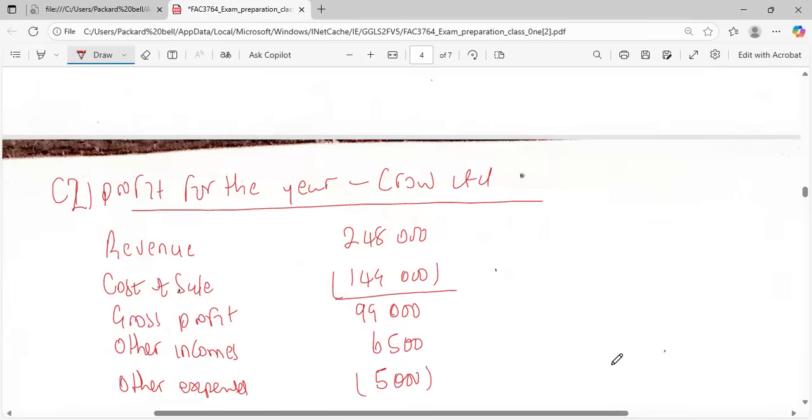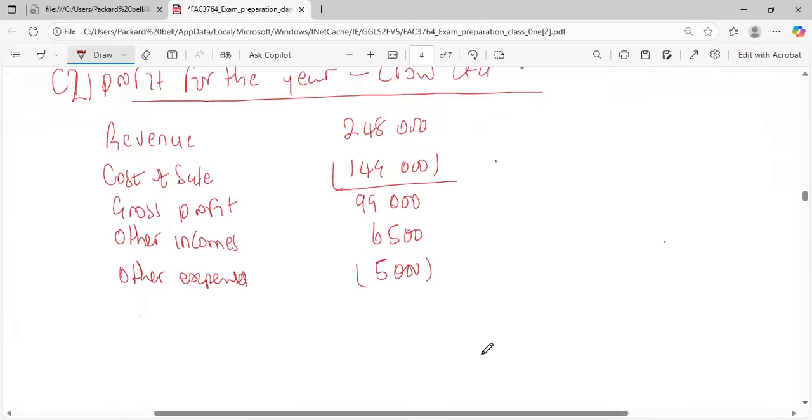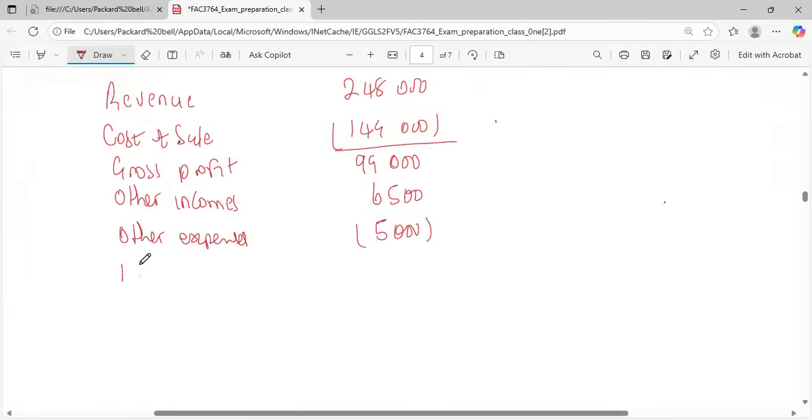Then we have finance charges. No, is it other expenses? Finance charges is 5,000. Other expenses is 35,000, is that right? Other expenses is 35.